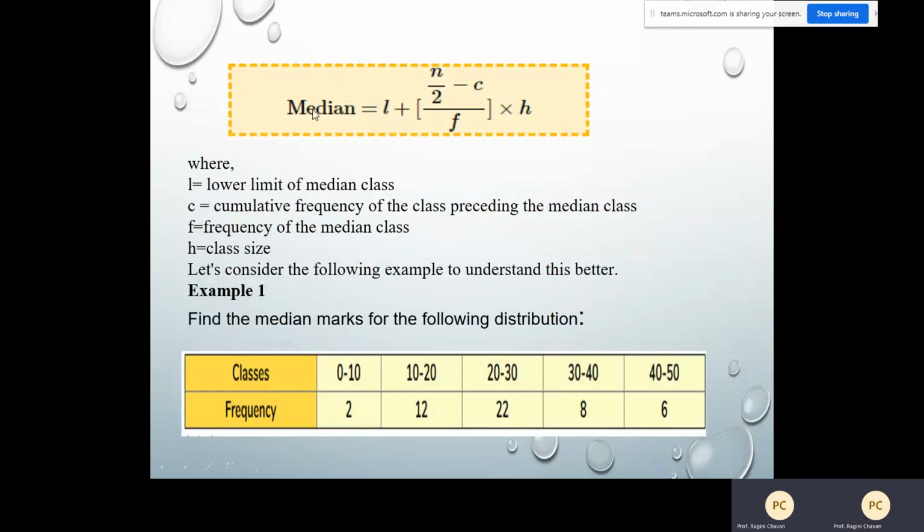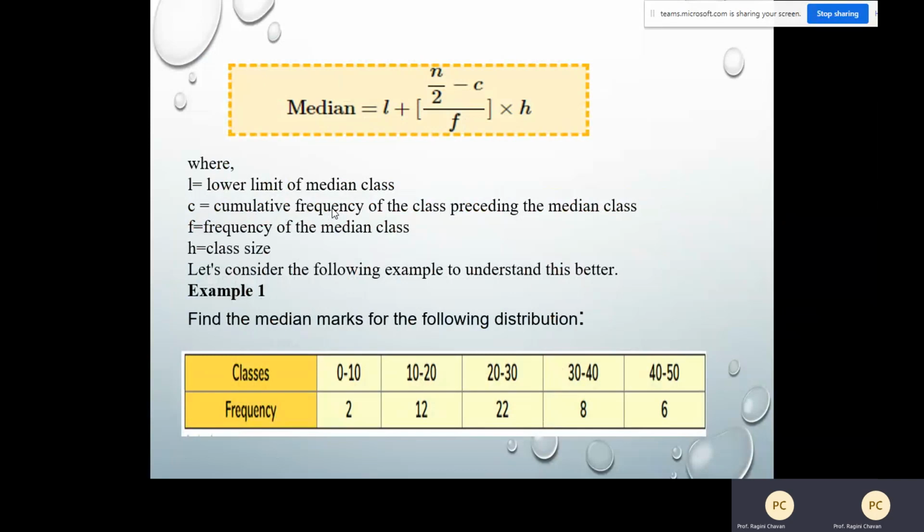The formula for the median is L plus (N by 2 minus C) upon F into H, where L is the lower limit of the median class, C is the cumulative frequency of the previous class of the median class, F is the frequency of the median class, and H is the class size, that is, the class width. If we find all these figures and put them in the formula, we'll get the value of the median.